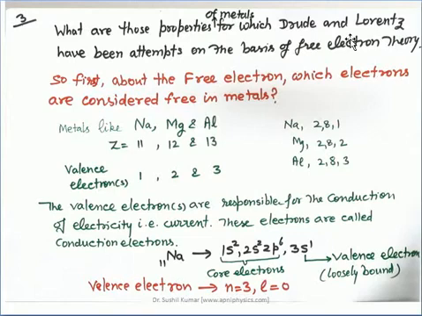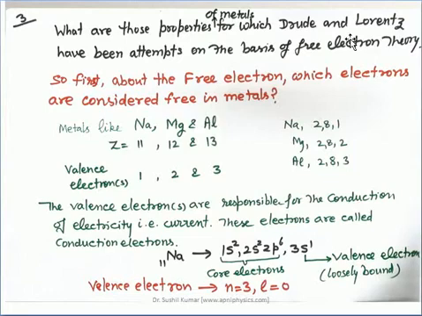So here, what are those properties of metals which Drude and Lorentz attempted to explain? Before we go into the detail of this section, we have to first understand the idea of the free electron.